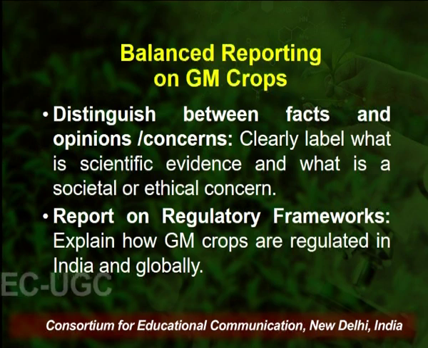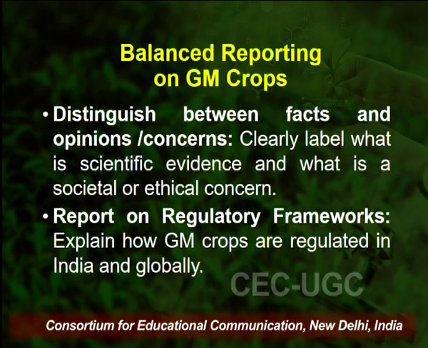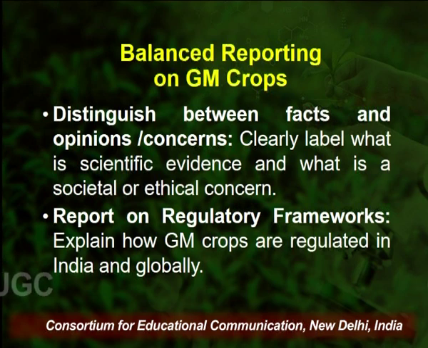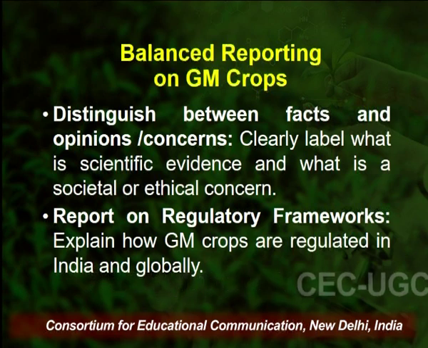And distinguish between fact and opinion: clearly label what is scientific evidence and what is a societal or ethical concern. Report on regulatory frameworks: explain how GM crops are regulated in India and globally.